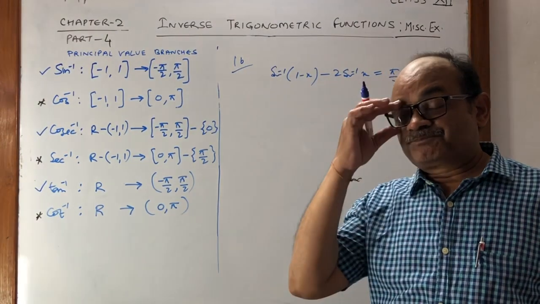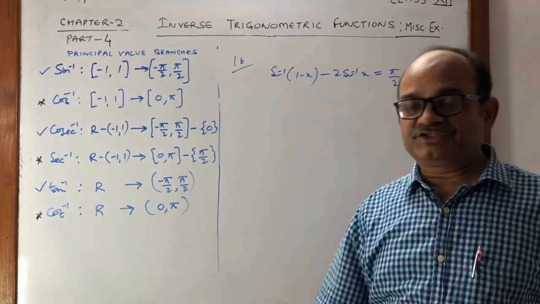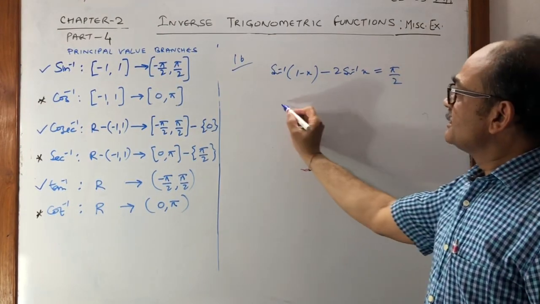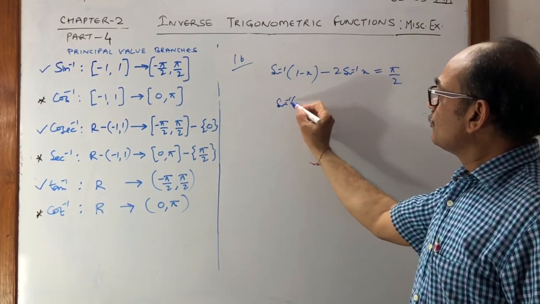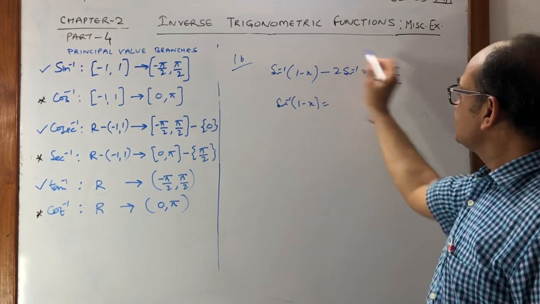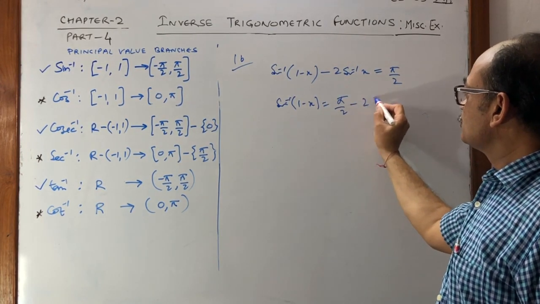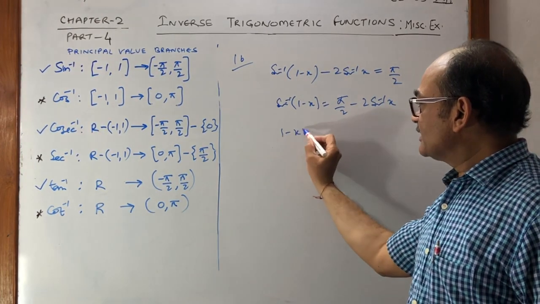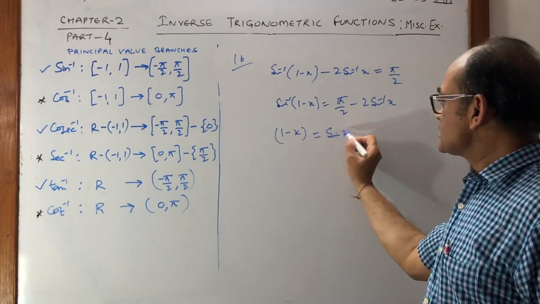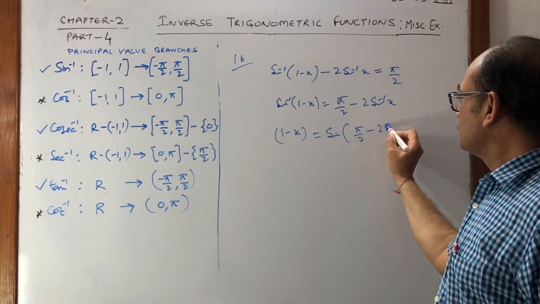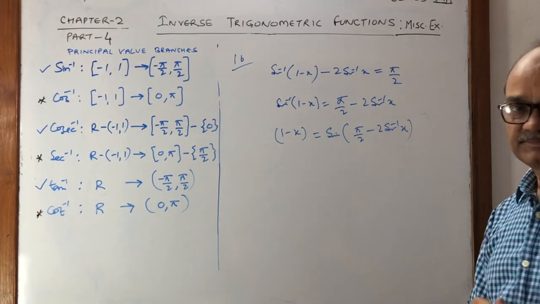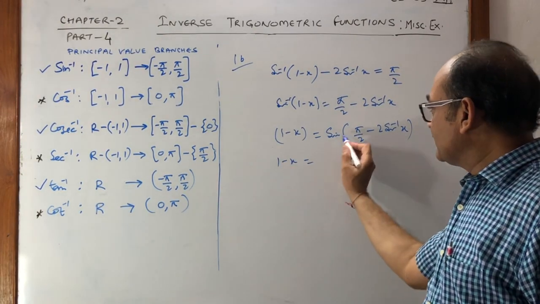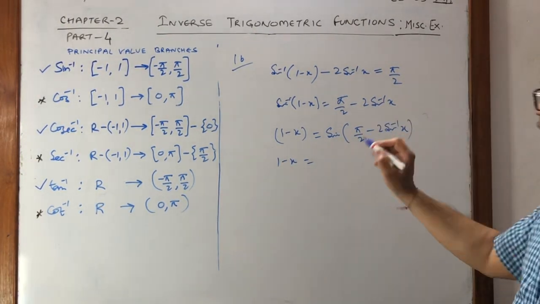Somebody wants to complete the question, then the alternate method: we can shift 2 sine inverse x to the right hand side. So this 1 minus x will be sine of pi by 2 plus 2 sine inverse x. We can shift to the right hand side. Only 1 minus x is sine 90 plus theta.